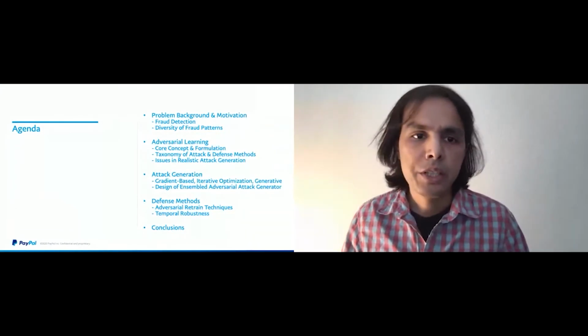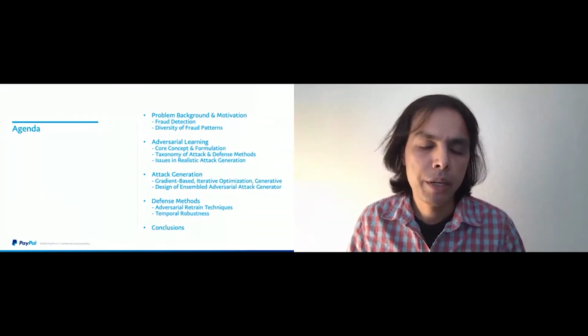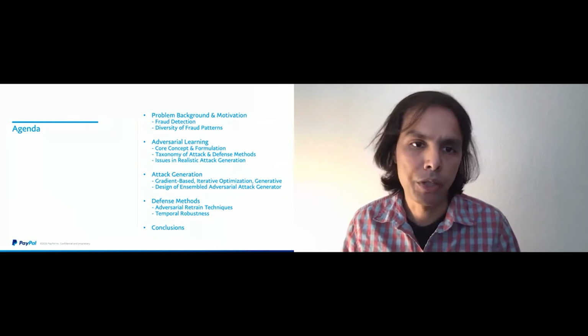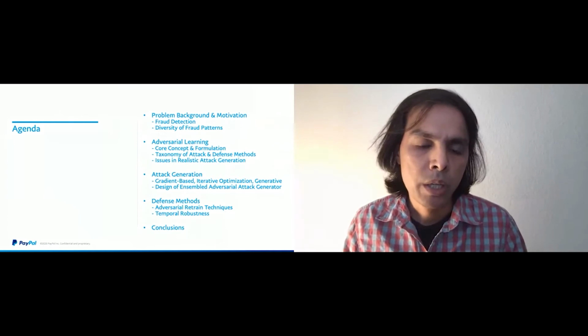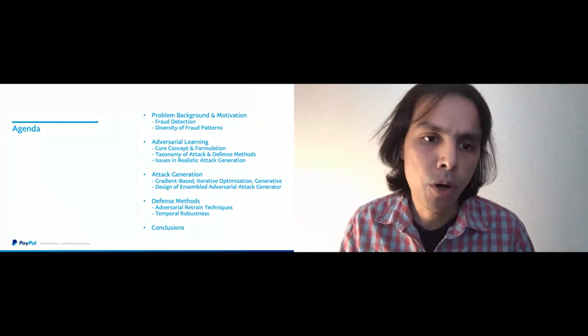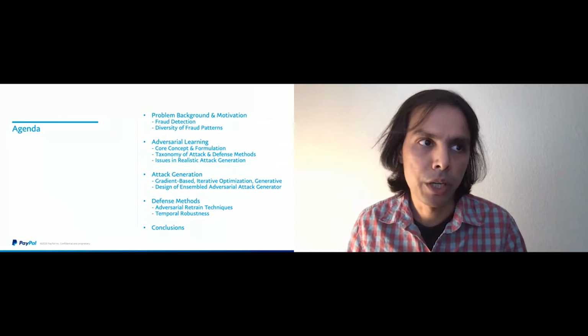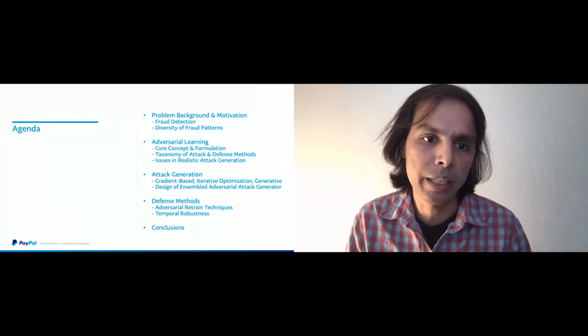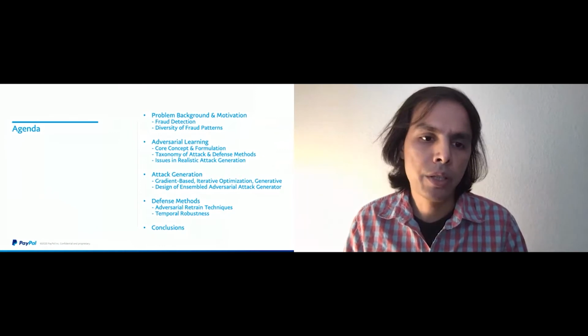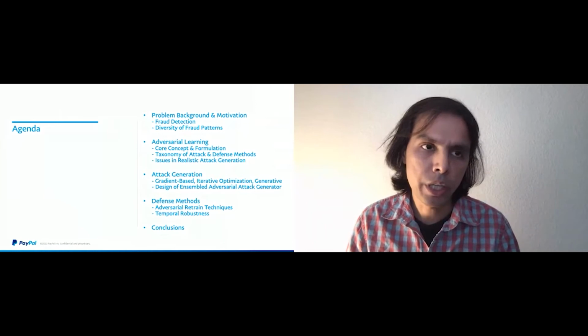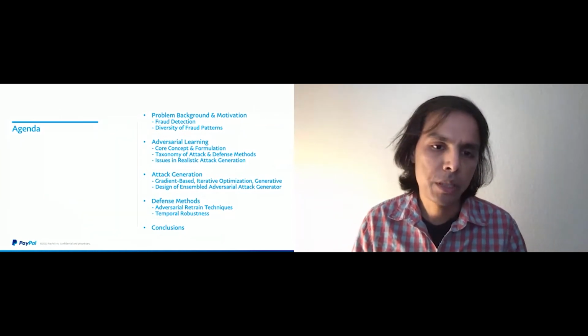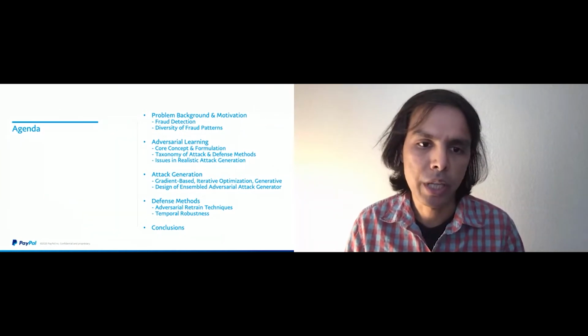So, a quick overview of the agenda. First, we'll provide a little information about the problem background and motivation, about fraud detection more specifically. Then a quick sweep on the adversarial learning core concepts and formulation, focusing on the techniques that have been used for this particular talk. We are also going to look at the attack generation methods. Specifically, 3 types of methods are used in the ensemble itself: gradient-based methods, iterative optimization methods, and generator methods.